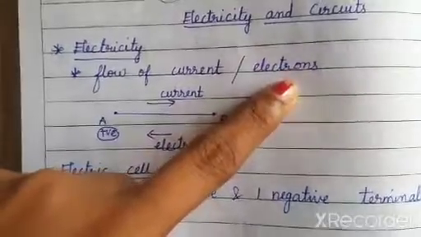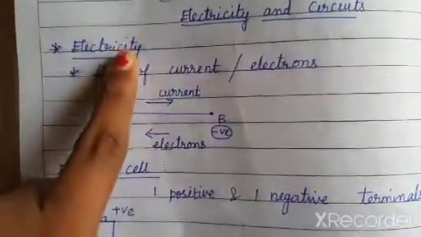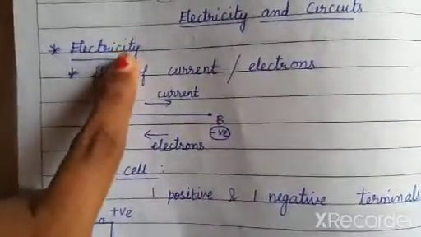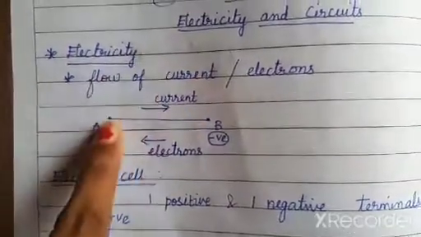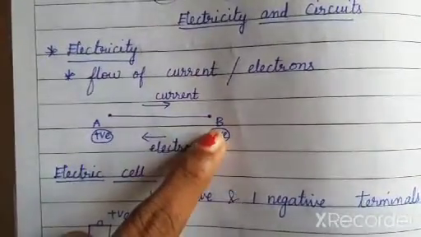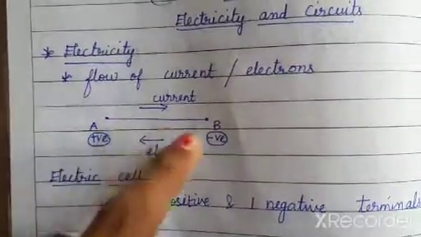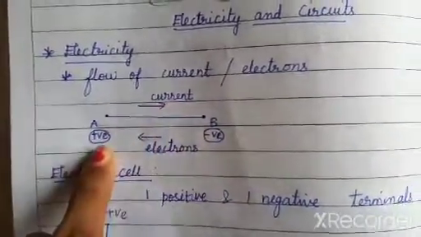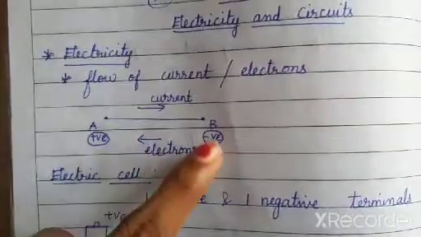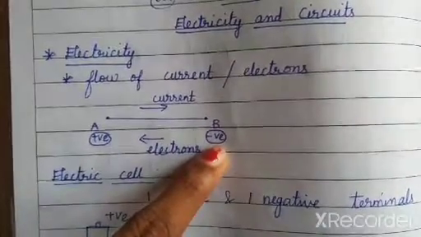So when the electrons flow, electricity is detected. That is what we see in the example case: if this is a wire having two ends A and B, A is connected to the positive end and B is connected to the negative end.